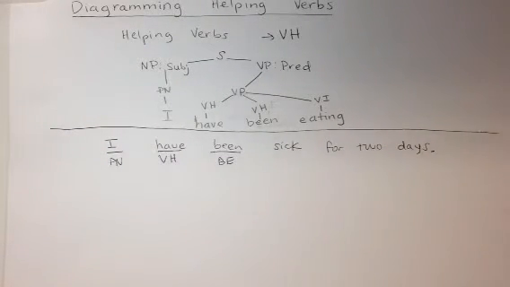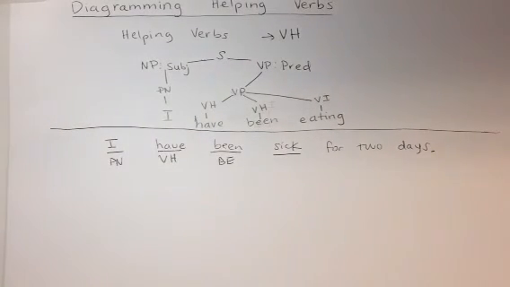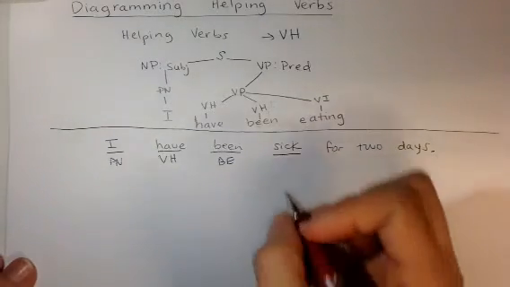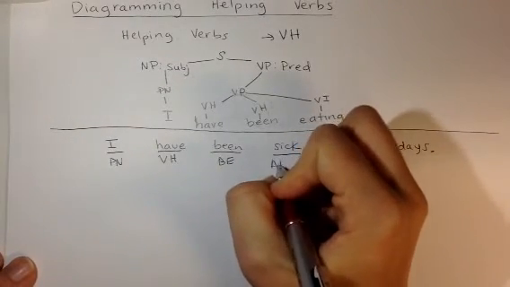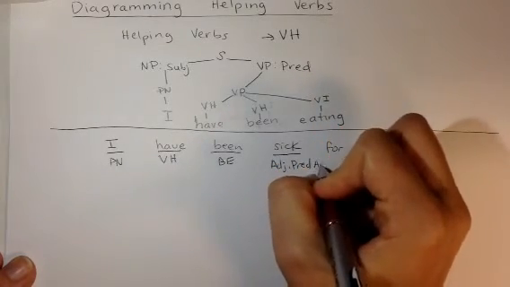What is the word that I am really being equated to? I equal, what do I equal? I equal sick. So what kind of word is sick? Sick is describing a noun. So it's not a noun itself. This is an adjective. So this is my predicate adjective.